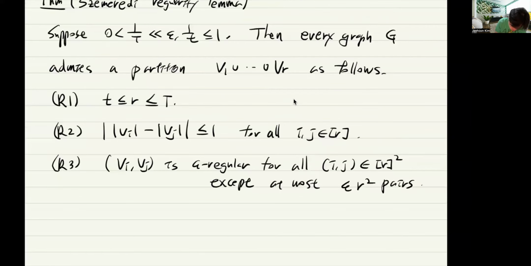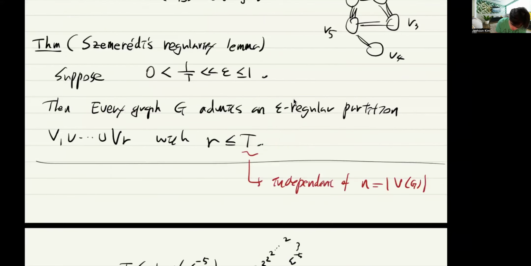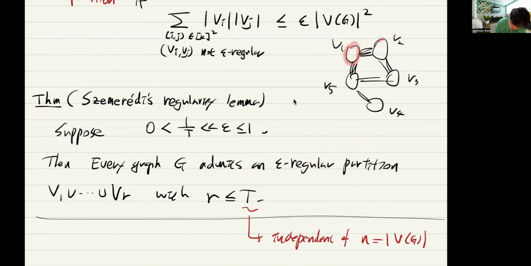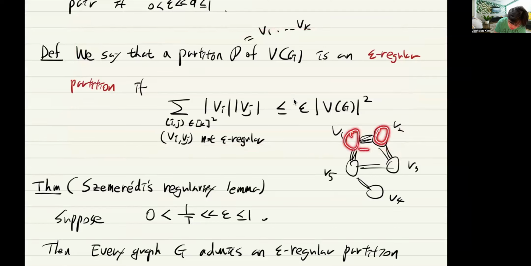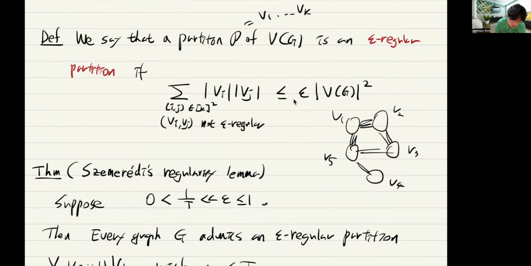Before, with the partition you get, we didn't know whether these sets had the same size. They could have different sizes. One of them could be small and the other one huge. We didn't care, as long as the fraction of non-epsilon-regular pairs, if you add them up, was small.